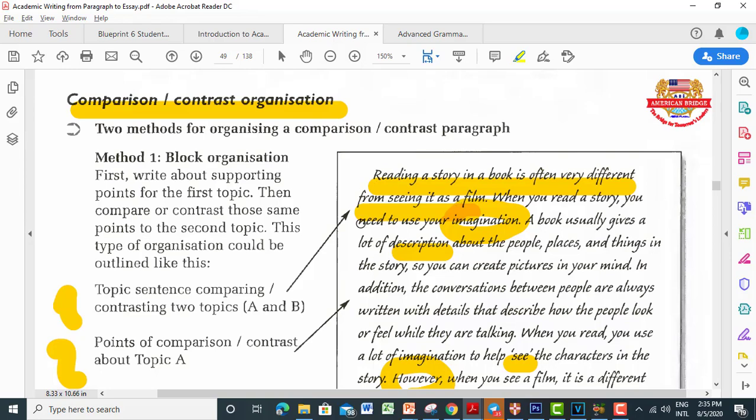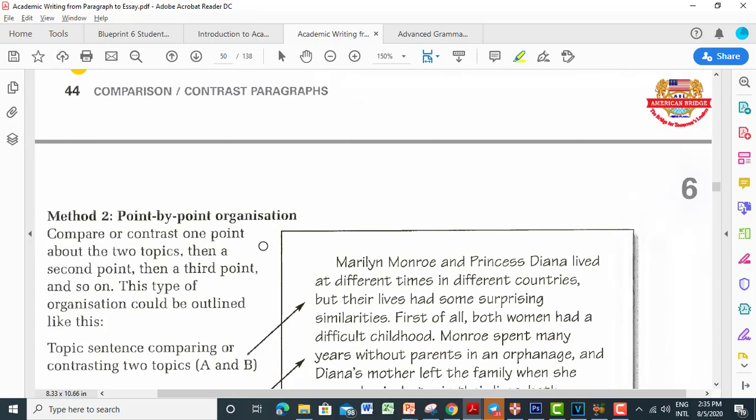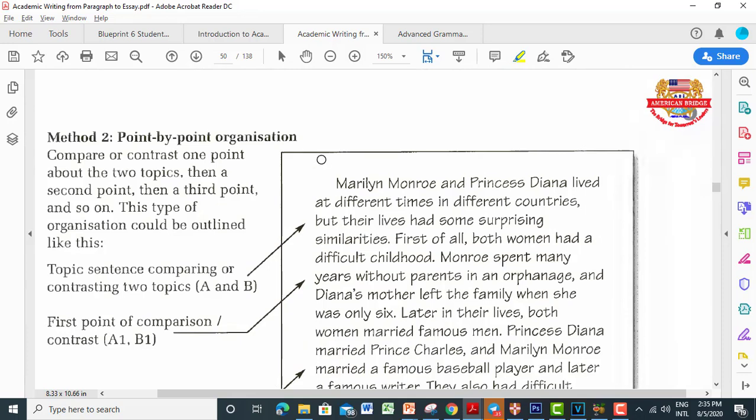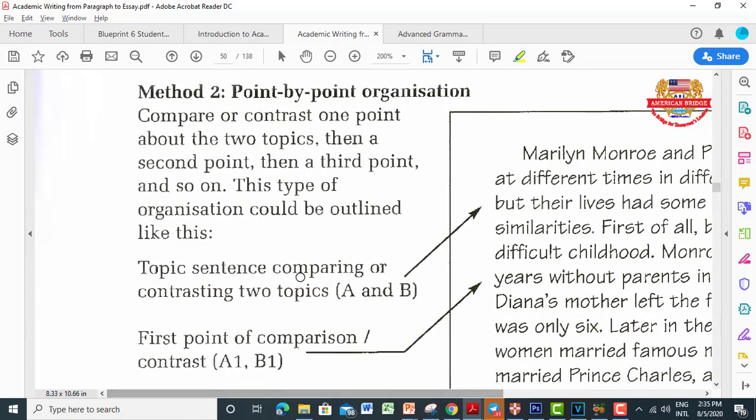And now we move to method number 2 in the comparison paragraph, point by point organization. Firstly, compare or contrast one point about the two topics, then a second point, then a third point, and so on.